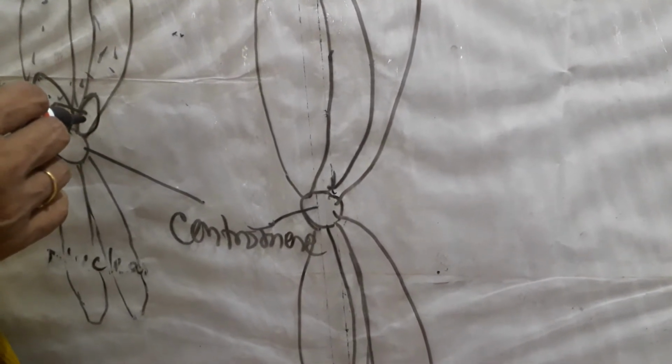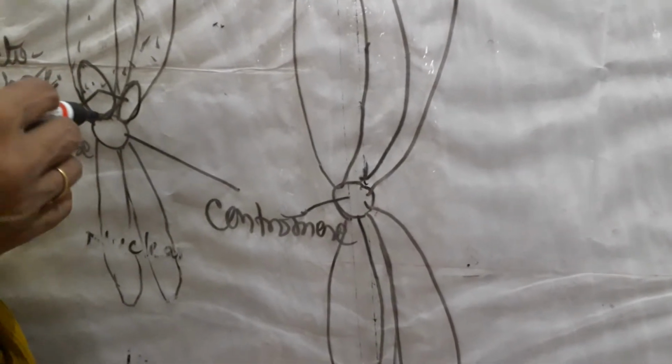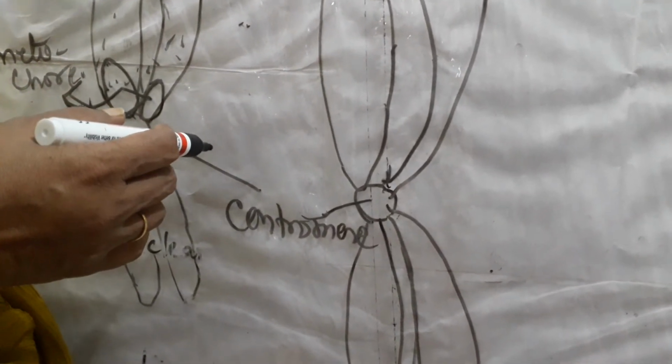Based on the positions of the centromere, the chromosomes can be classified into four types.